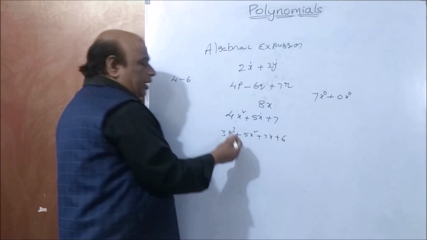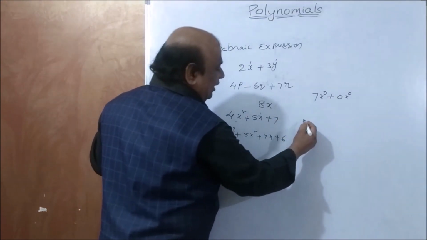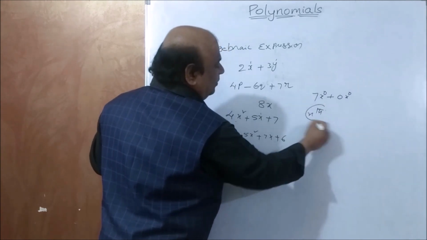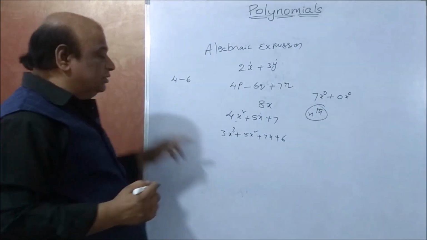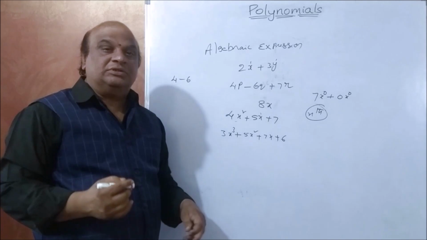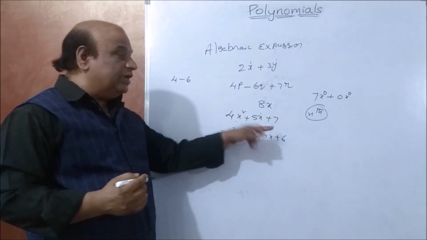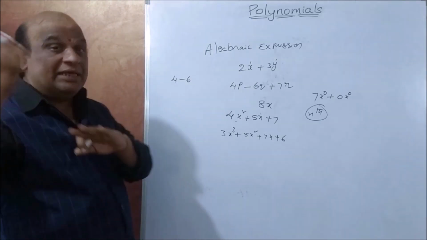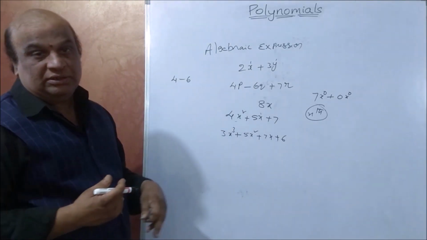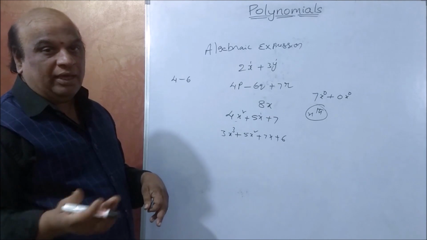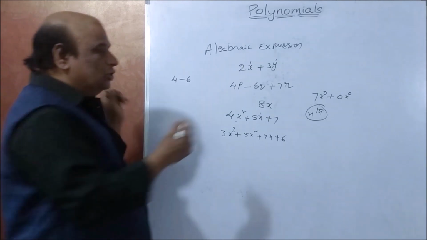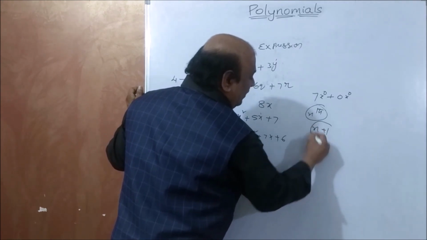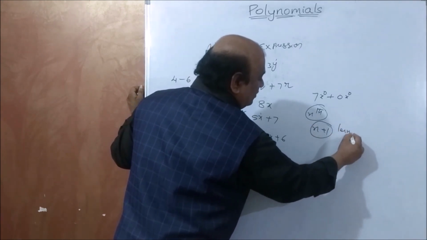Suppose an nth degree algebraic expression. Third degree has 4 terms. Second degree has 3 terms. Nth degree, how many? N plus 1. Observe this logic. One more than the degree. So an nth degree algebraic expression has n plus 1 terms.